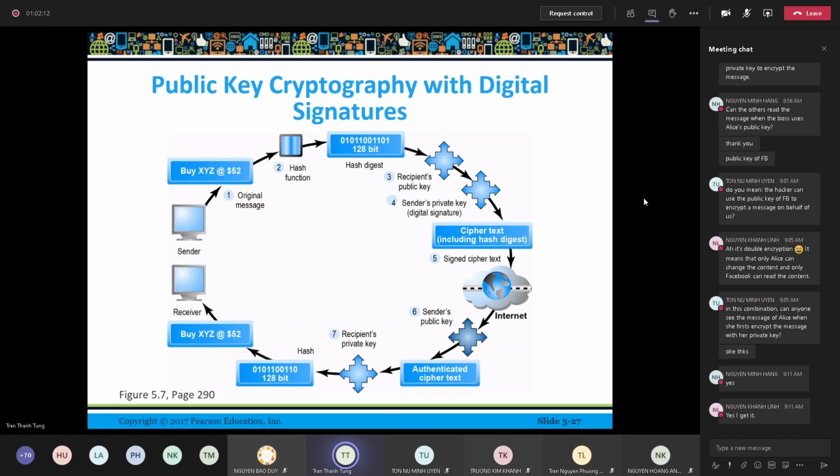Okay, and here the final example would be so the sender, let's say they use the digital signatures, meaning the one that has the public key and private key mechanism. Here the sender, when you do the transaction on internet, has a message like buy x is z at $52.